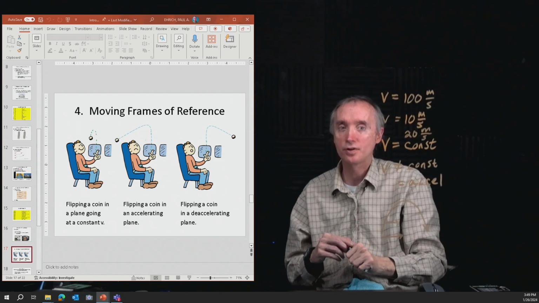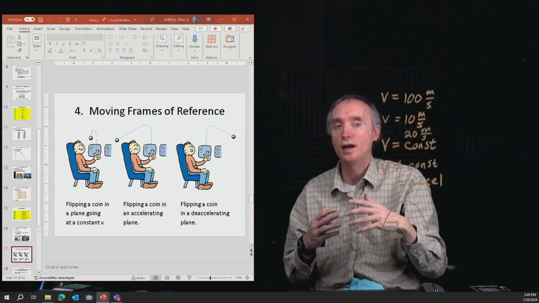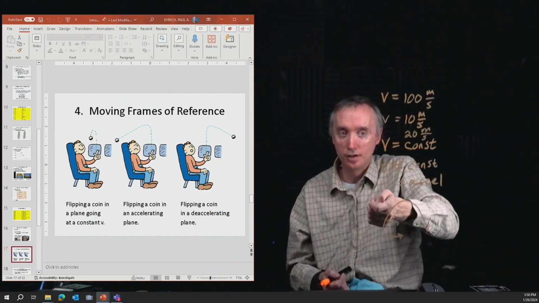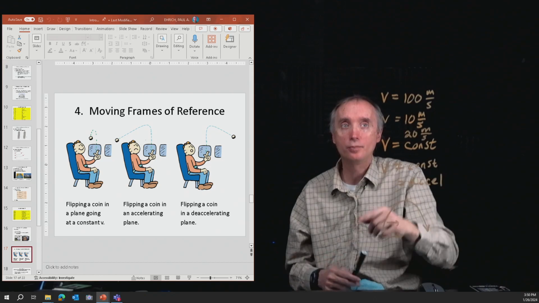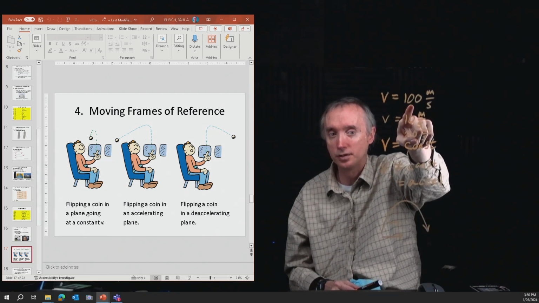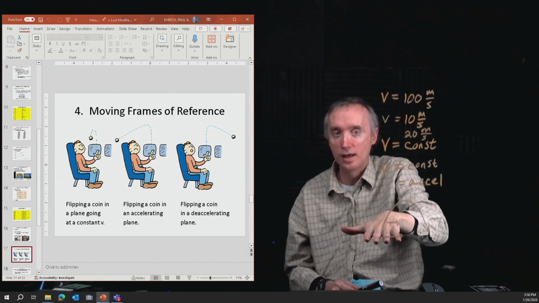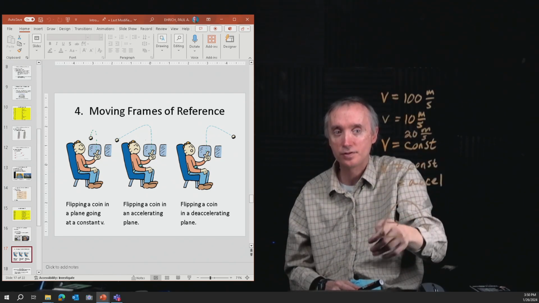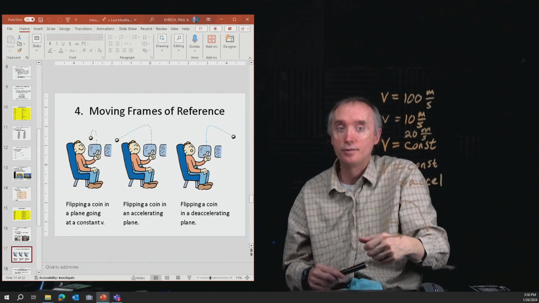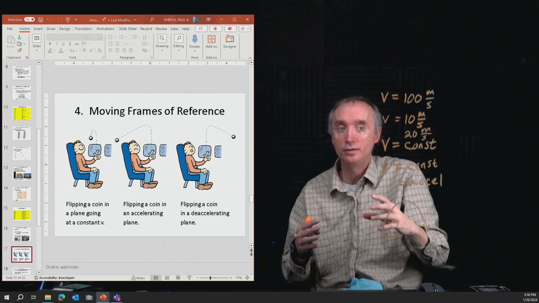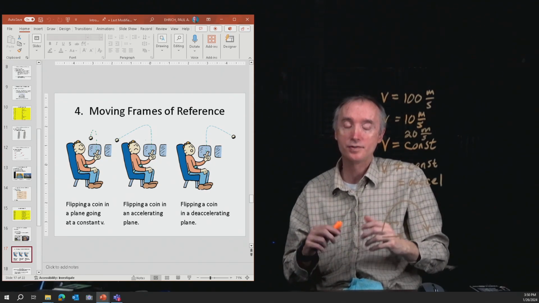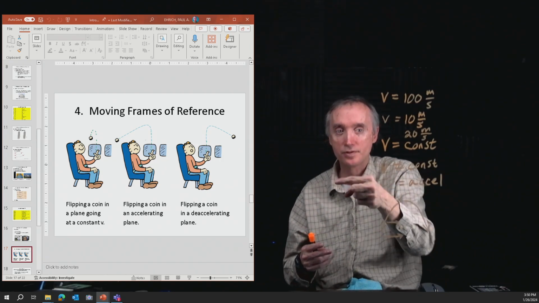Okay, now let's try what happens when the airplane comes in for a landing. This time, let's say that the airplane is coming in at 100 meters per second when it touches down, and then the instant that it touches down, you flip the coin, and the airplane is slowing down. So it is decelerating, or it is accelerating in the opposite direction.